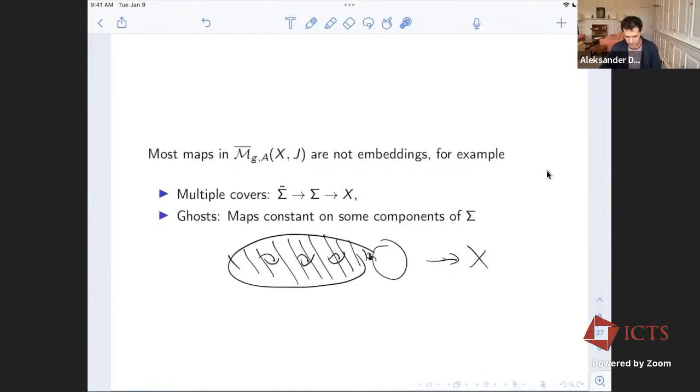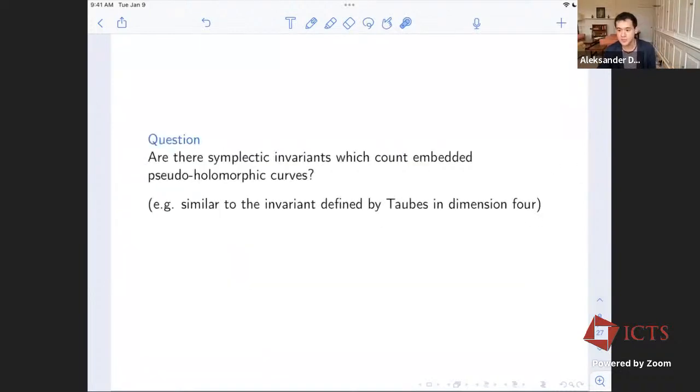Okay. So that leads to the natural question. We have these beautiful Gromov-Witten invariants that are computable. This is, of course, a very well-developed and famous theory, but we can ask: are there invariants like the Gromov-Witten invariants which in some sense count embedded holomorphic curves, as opposed to these stable maps, so that they have a more natural geometric interpretation?